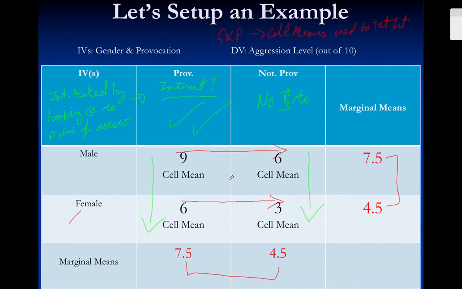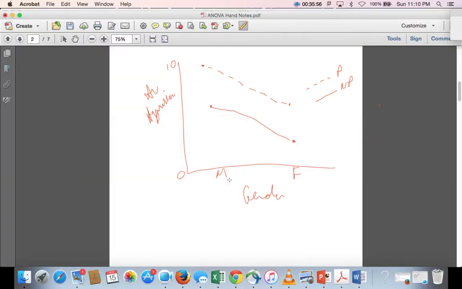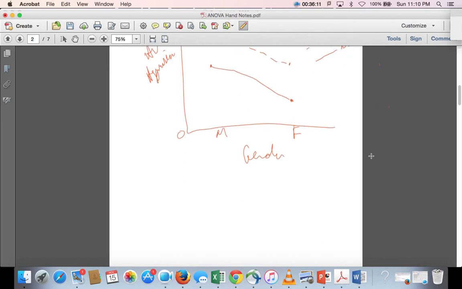The other method that we use is plotting our data as a line graph, just as we have here. Let me get that a little bit closer. There we go. Here we want to look at the lines. The lines represent the pattern of the arrows.